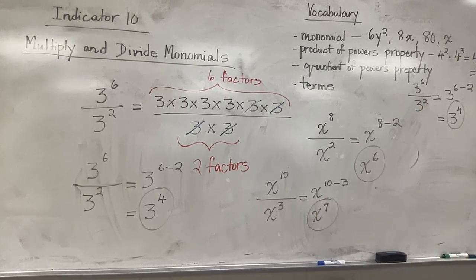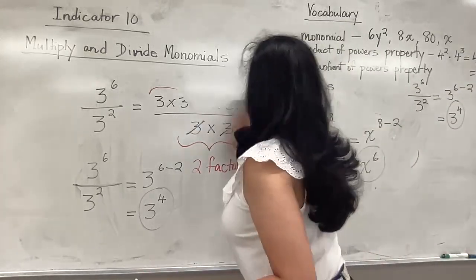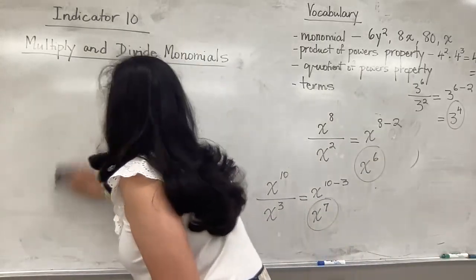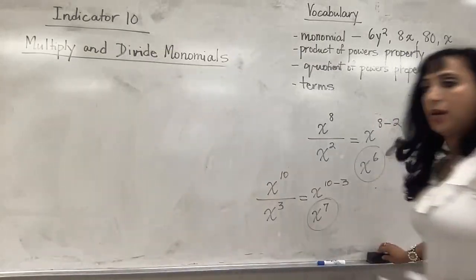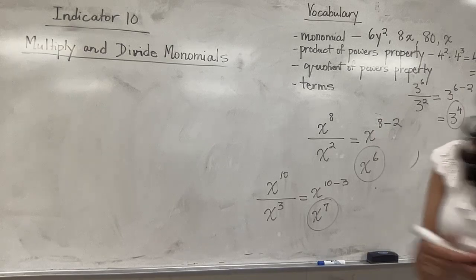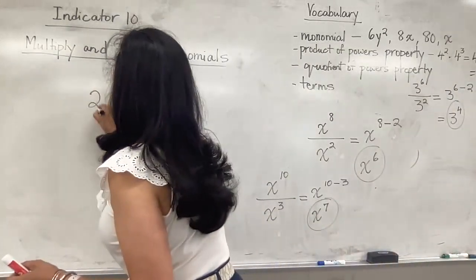Let's do one problem. Let's say Hawaii, we're going to divide powers. I'm going to give you a question about real life. So let's say Hawaii's total shoreline is about 2 to the 10th power miles long.